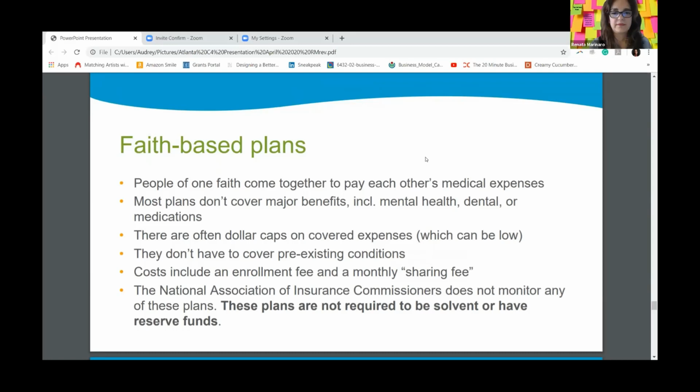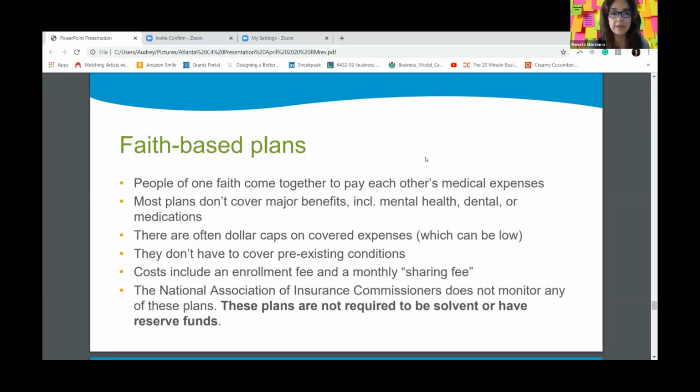All right, so faith-based share plans. I know that these plans are popular right now. Basically, it's people of one faith coming together, whether that's Christians or Jews or Muslims, to pay each other's medical expenses. Most of these plans do not cover major benefits, including mental health, dental, or medication.